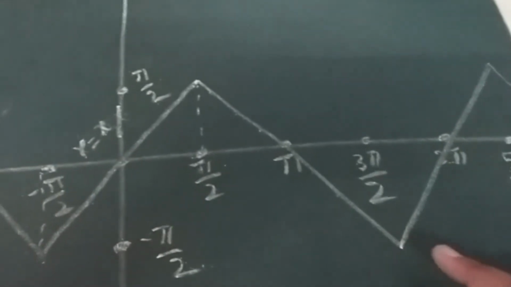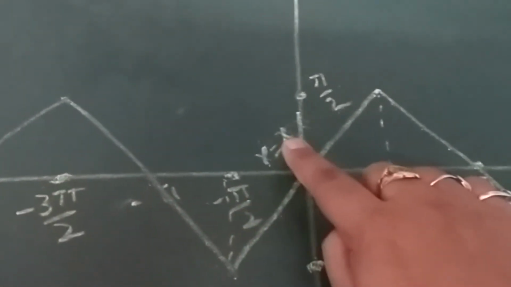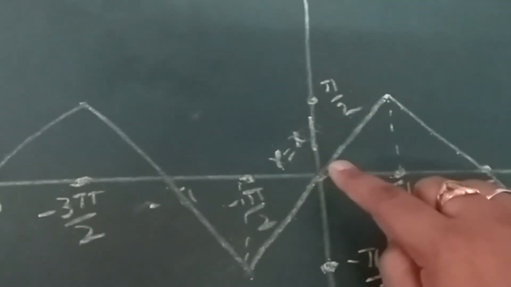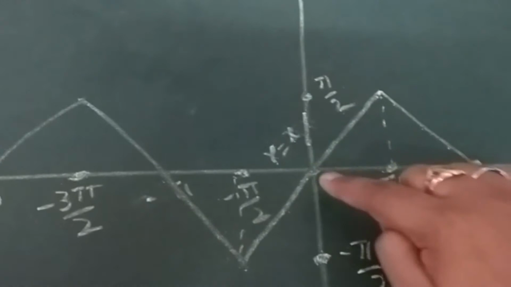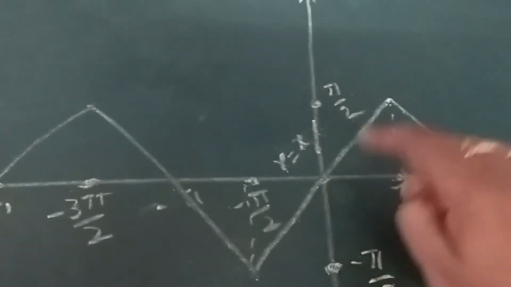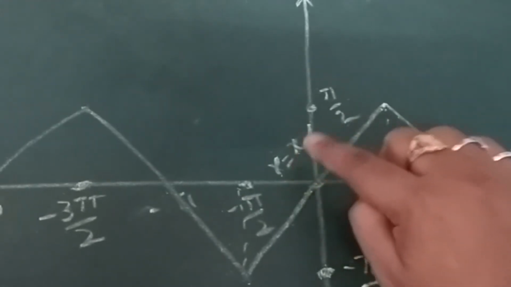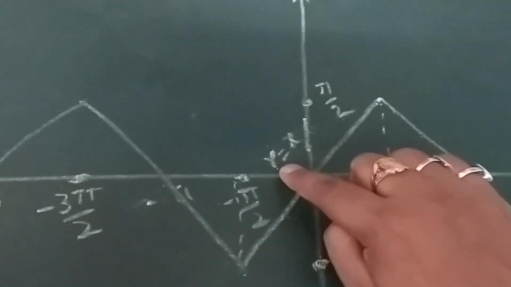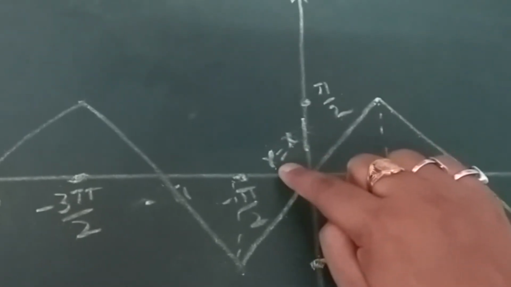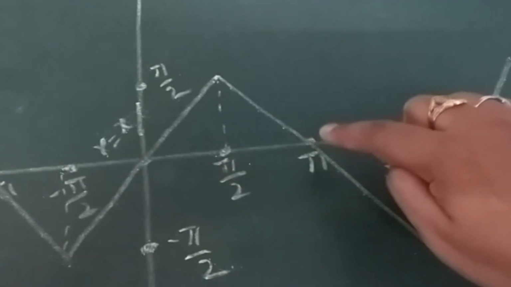Here the rule is that, see, from here I have written y equal to x. Actually what is happening, this point is 0. When it is going up and passing through this point, then actually it is y equal to x minus 0, that is y equal to x. It is passing through 0, so you have to write y equal to x minus 0, that means y equal to x. And why it is coming down, it is passing through this point, pi.